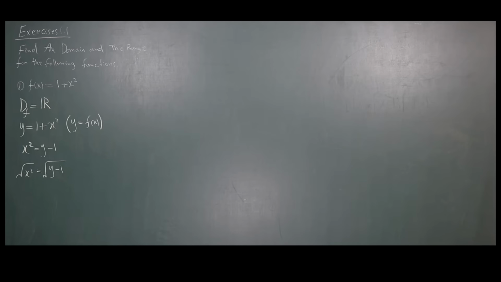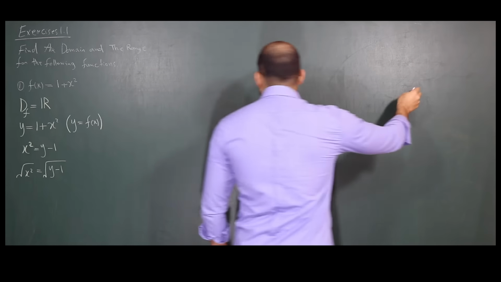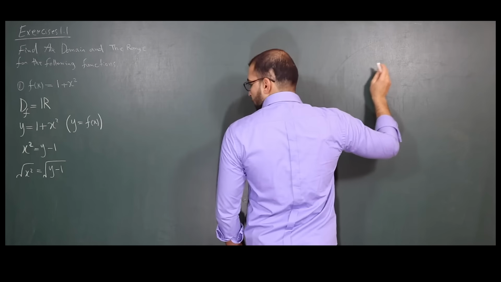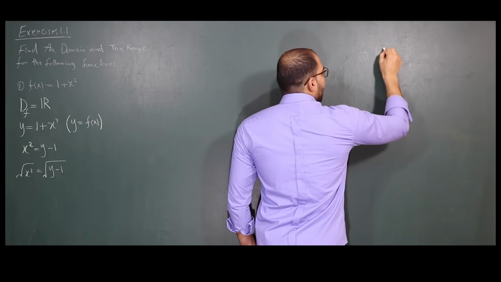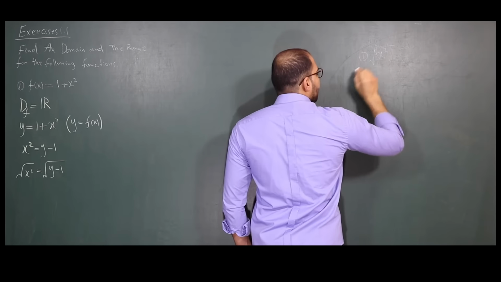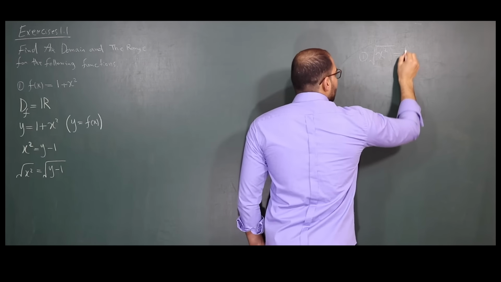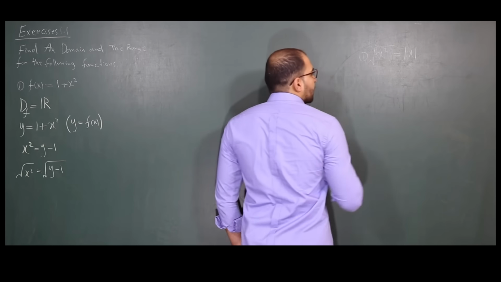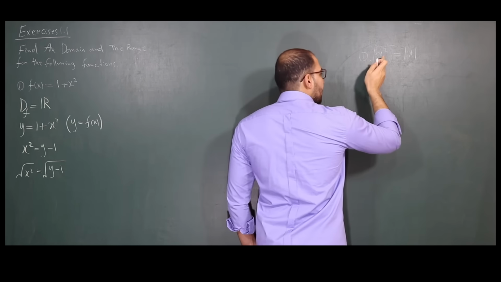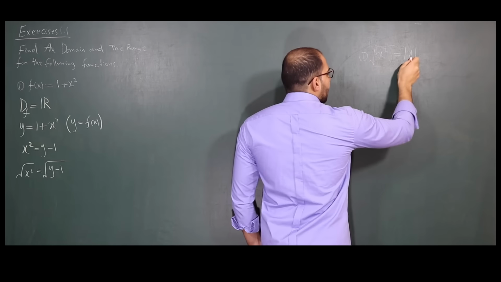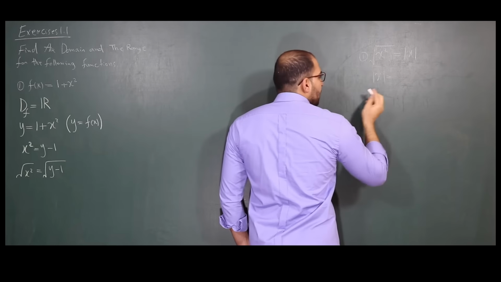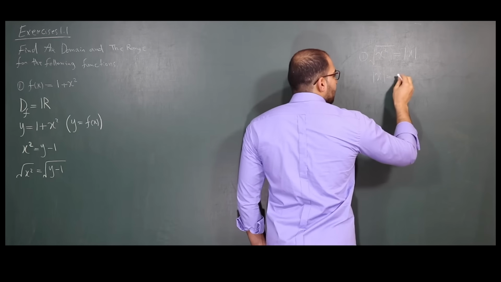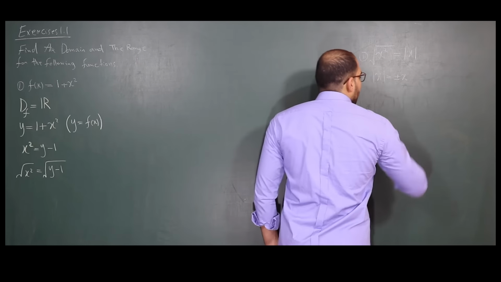I need you to know that we have two things. I'm going to write it right here. If we have a value squared and we apply the square root to it, the result will be the absolute value of that value inside the square root. We all know that the absolute value of x is plus or minus x.